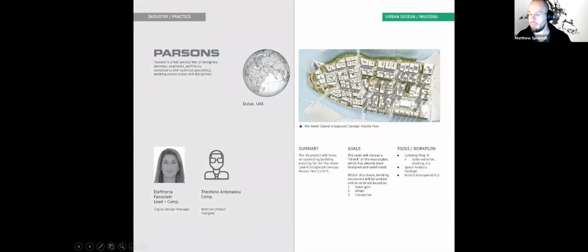And I'll talk about a couple of these projects because maybe these are similar to challenges you have. So with Parsons, they are a big construction and contracting company working mostly out of the Middle East. And they had this big project, a master plan for a city in Ream Island.